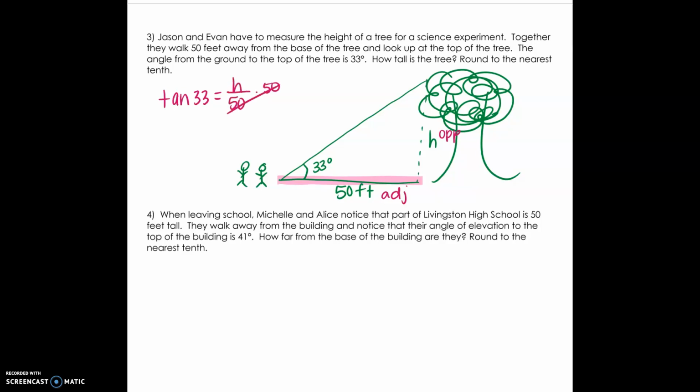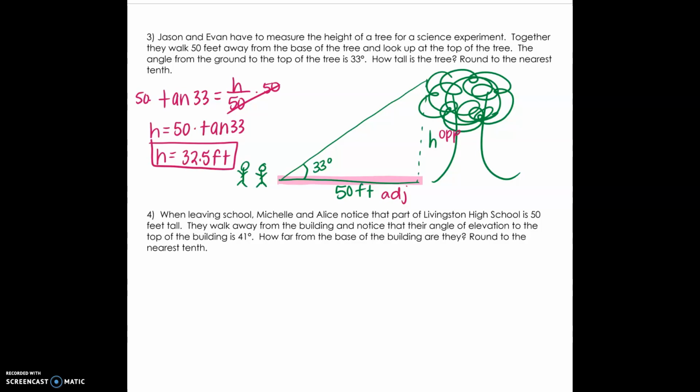We're going to multiply by 50 on both sides. So we have H equals 50 times tan of 33. If we plug that in our calculator, 50 times tan of 33 is about 32.5 feet. Again, units are very important.